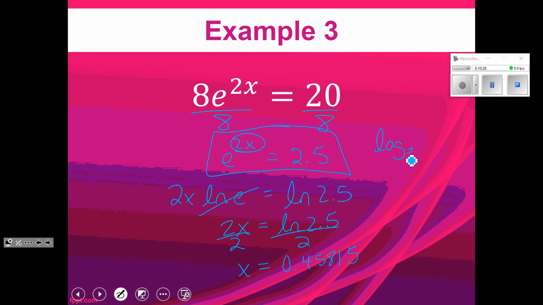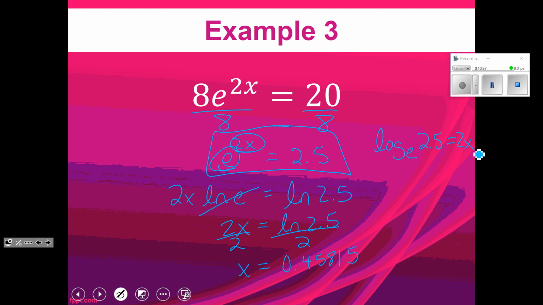I'm going to do log base e so that you understand this. This is the base of what? 2.5, and that's equal to 2x. And you could put that in your calculator. Does that make sense? Or you could just say the ln of 2.5. Math alpha math, log base e of 2.5.